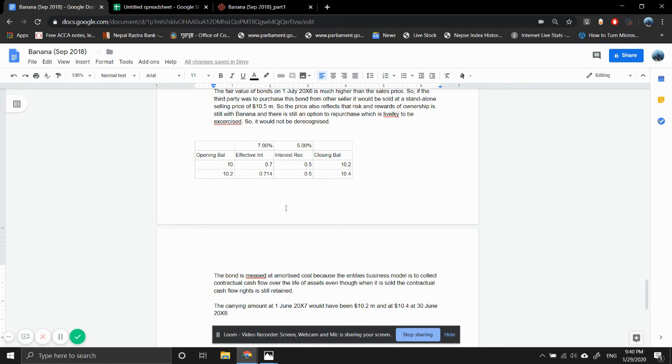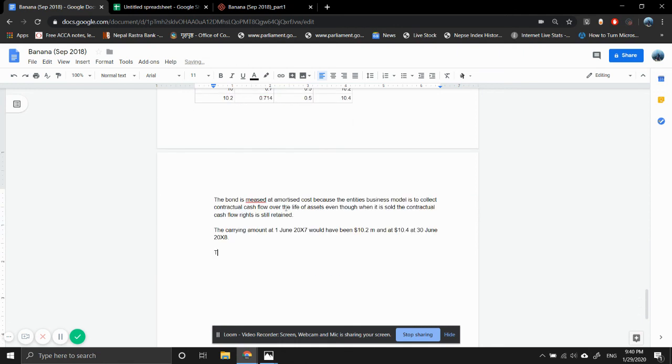Okay, the cash received from sale, the proceeds received from sale should be treated as a loan or financial liability. You could say that should be treated as a loan, measured at amortized cost.